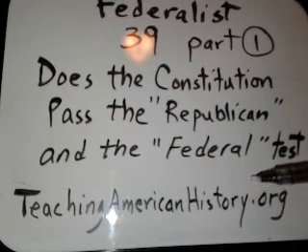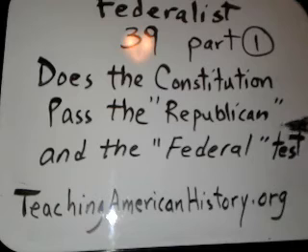Like in the summary version of Federalist Paper 39, Gordon Lloyd, who is the scholar that does a lot of the work on this website, says one of the things Federalist 39 does is ask: does this Constitution pass the Republican and the federal test?